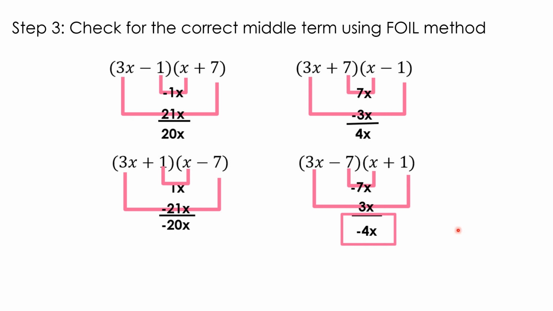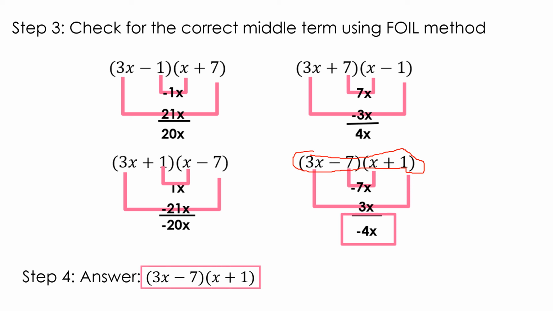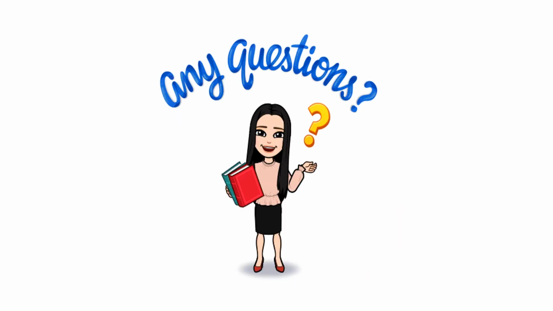Since our middle term is negative 4x, therefore we will take these factors as our final answer. Okay, so our final answer now is the quantity of 3x minus 7 times the quantity of x plus 1.